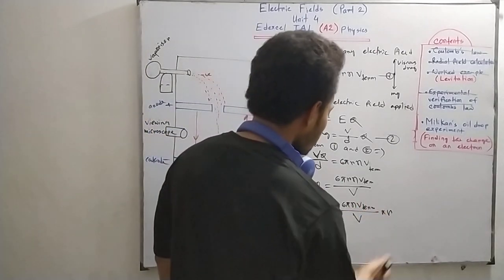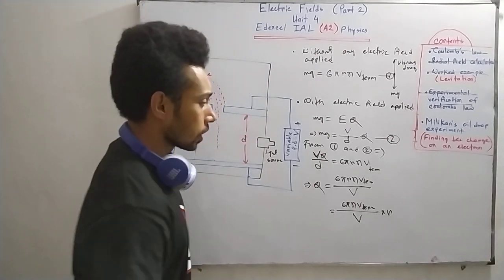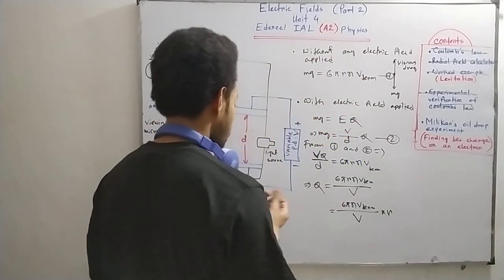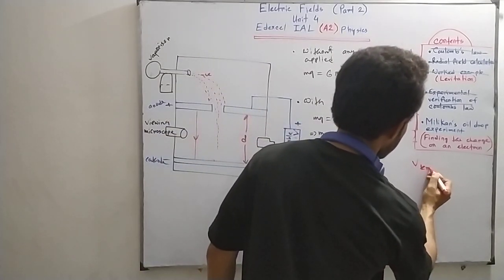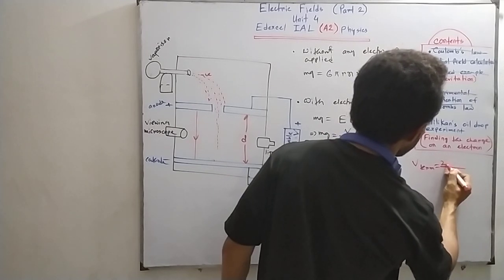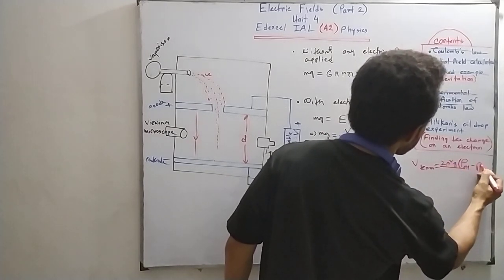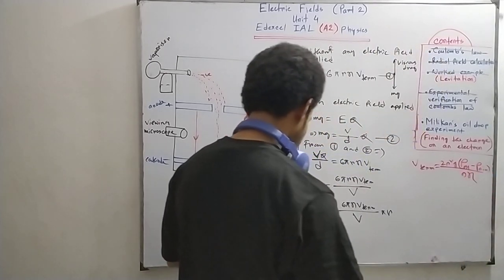Since we have measured the terminal velocity, we have another formula of the terminal velocity, and we know that V term is equal to 2r squared g (rho oil minus rho air) divided by 9 eta.